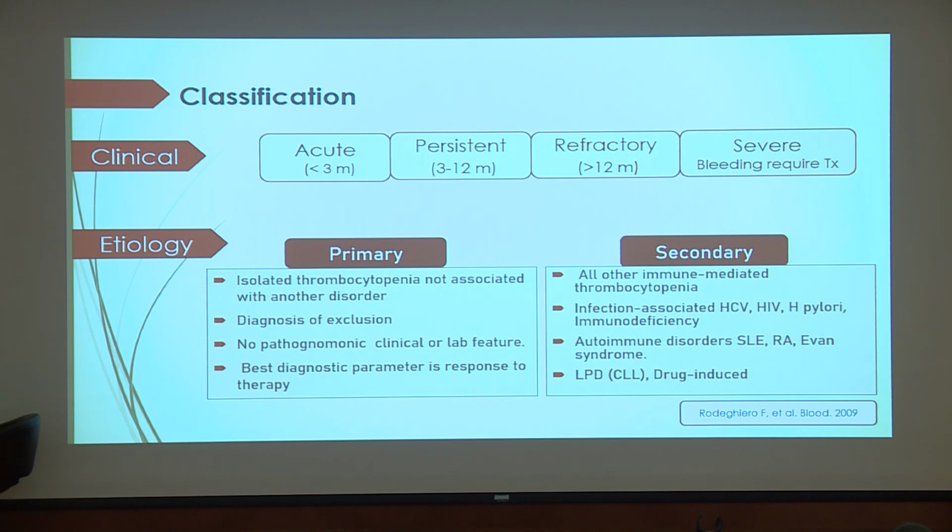Secondary ITP, or immune thrombocytopenia, encompasses all other immune-mediated thrombocytopenia associated with infection, associated with autoimmune disorders like SLE, like Evans syndrome, and more commonly nowadays associated with lymphoproliferative disorders like CLL and to some extent some lymphomas.